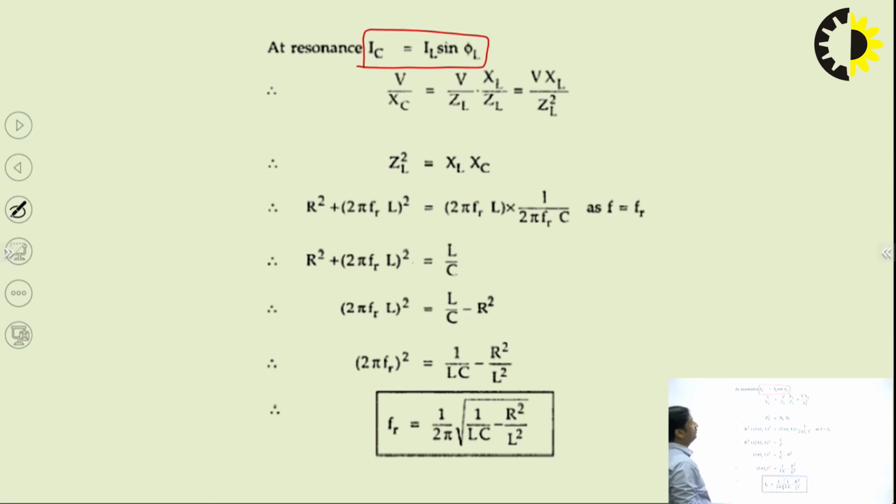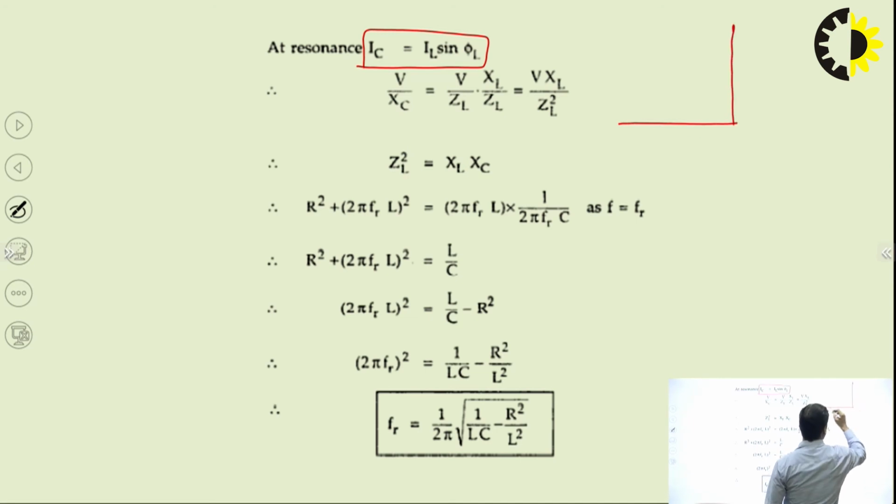Now substitute the value of IC and IL. V upon XC is equal to V upon ZL, and sin phi L is equal to XL upon ZL. Simply we can draw the impedance triangle. If it is phi L, this is R, this is ZL, this is XL.